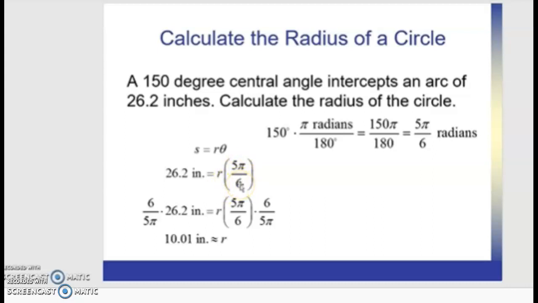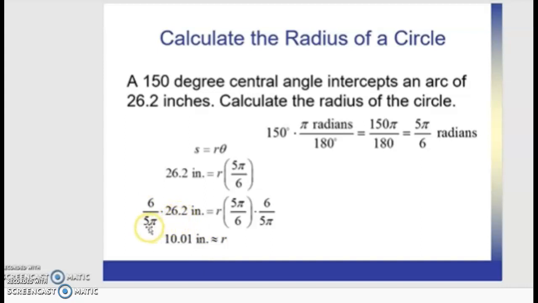Since we are dividing by a fraction, we have to use those arithmetic rules for dividing by a fraction, which is to flip the fraction, invert and multiply. Over here, everything cross cancels, leaving r nicely by itself. And on the right hand side, 6 times 26 and 2/10.